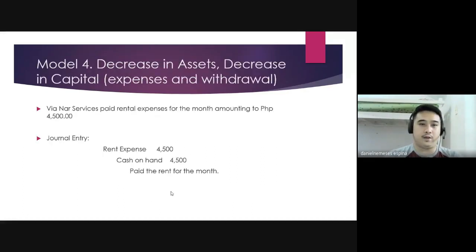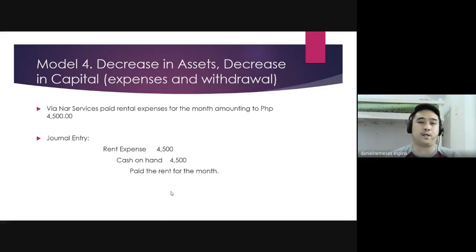So let's have the fourth model. So it's a decrease in assets and then decrease in capital. So the decrease in capital is due to mga expenses, and then withdrawal by the owner. So when we say withdrawal, these are assets of the business nga gikuha sa tag-iya para gamiton for personal.